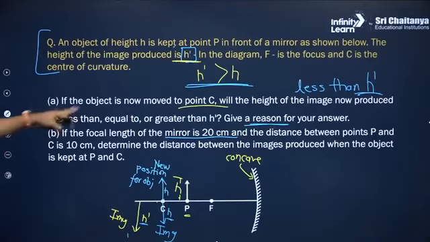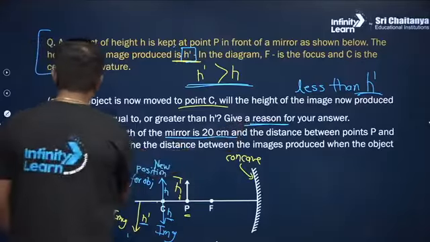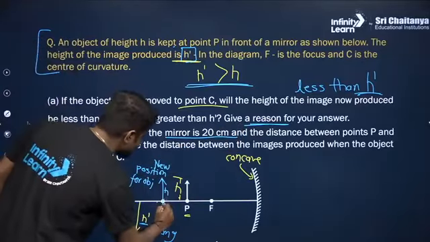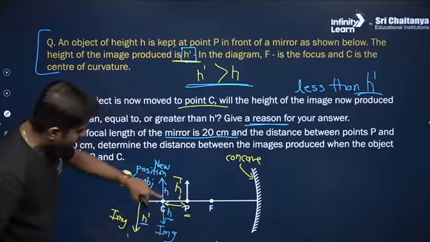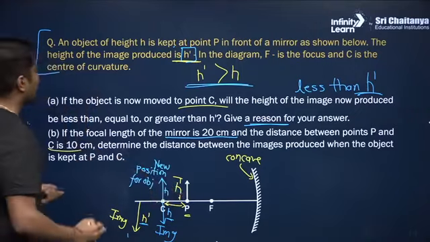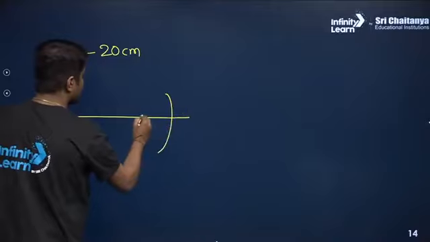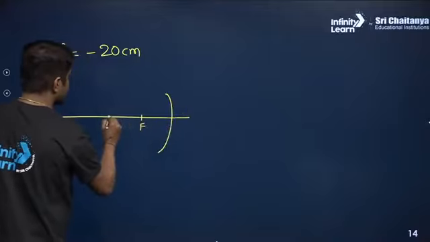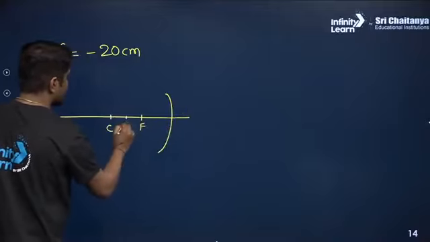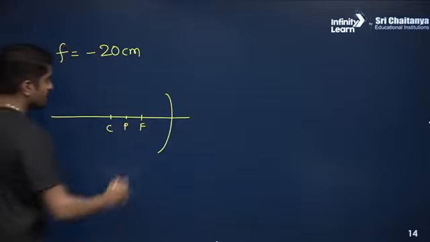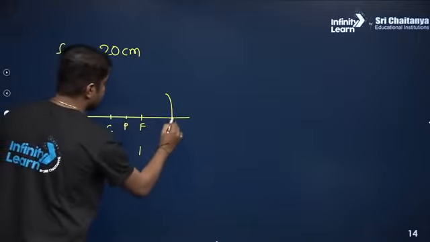And the distance between point P and C is 10. So this distance is 10. I'll draw this diagram here. There is a concave mirror. There is our focus, there is the center of curvature C, and this was point P. Correct? The focal length, there is, let's say, the pole.